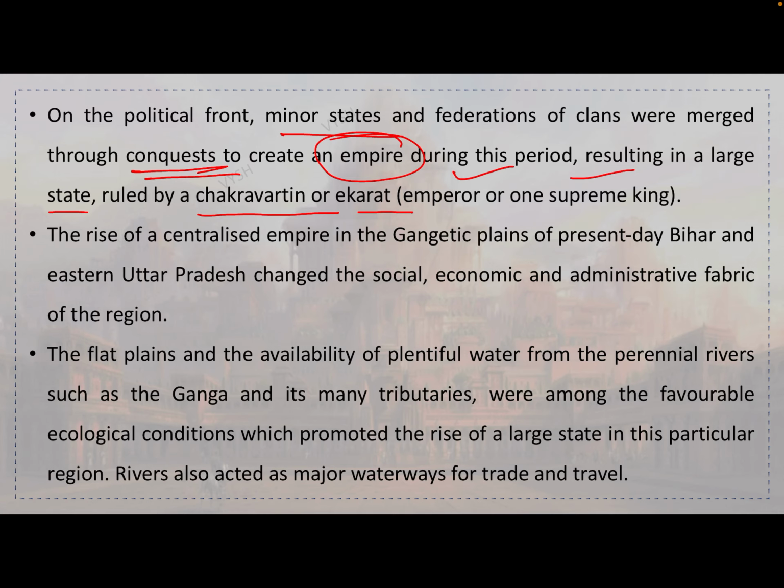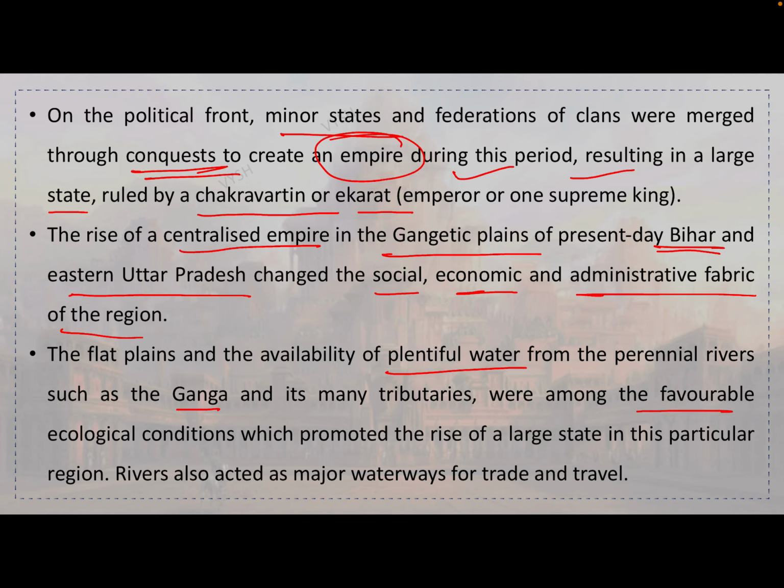The rise of a centralized empire in the Gangetic plains of present-day Bihar and eastern Uttar Pradesh changed the social, economic, and administrative fabric of the region. From this point of time, what we call centralized governance started. The flat plains and the availability of plentiful water from perennial rivers such as the Ganga and its many tributaries were among the favorable ecological conditions which promoted the rise of large states in this region.